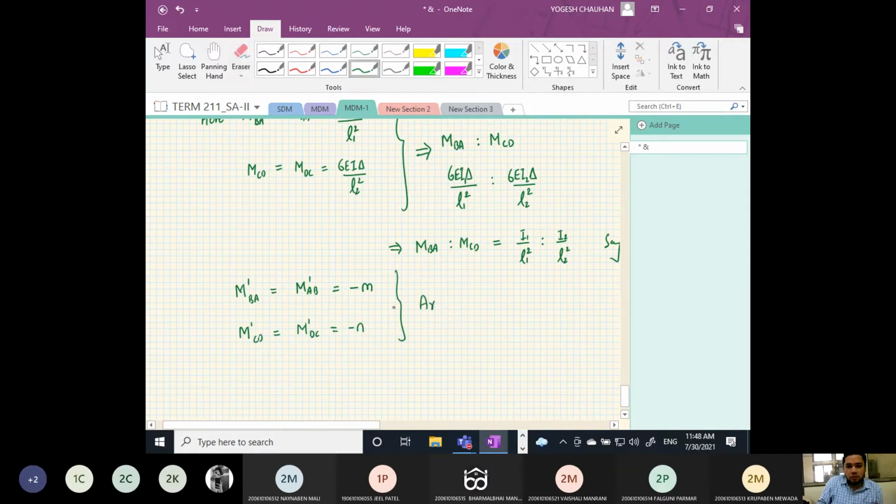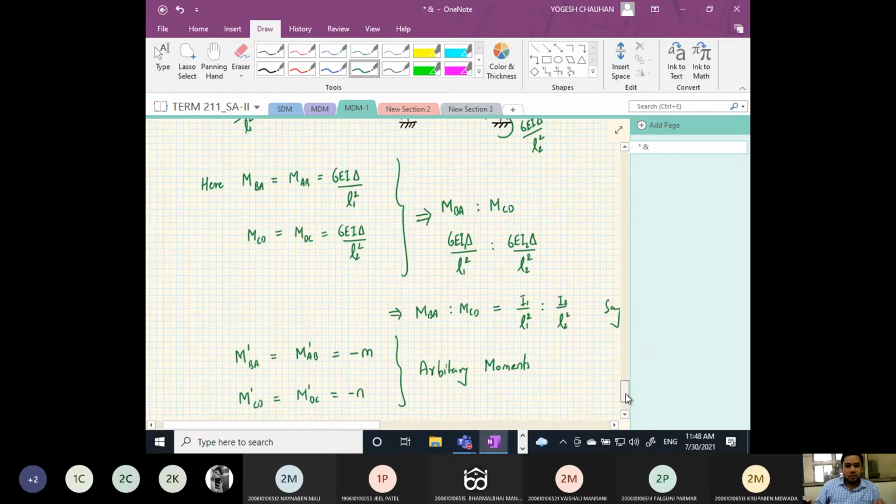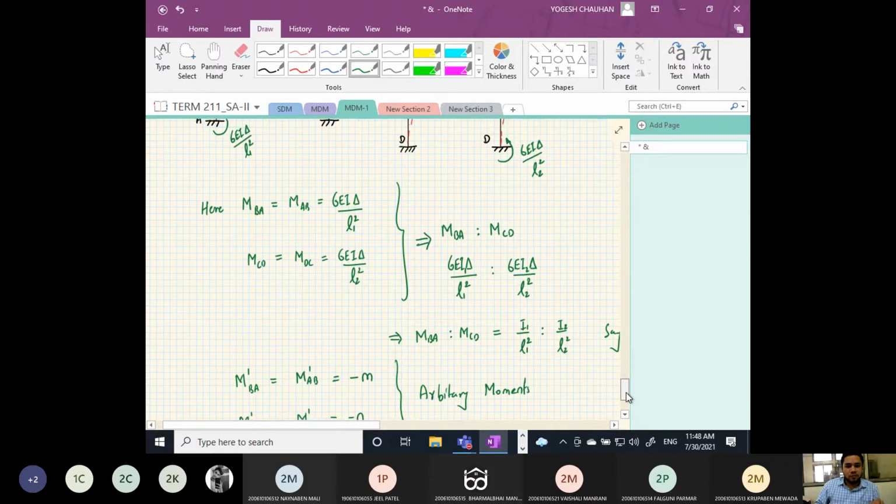We are assuming some moments, and we then obtain the sway force due to these arbitrary moments and compare it with the sway force obtained from the non-sway analysis, and then we do the sway corrections later on to get the final moments.